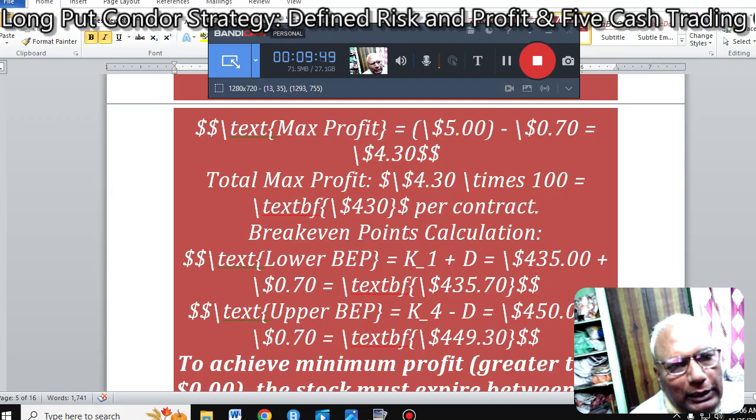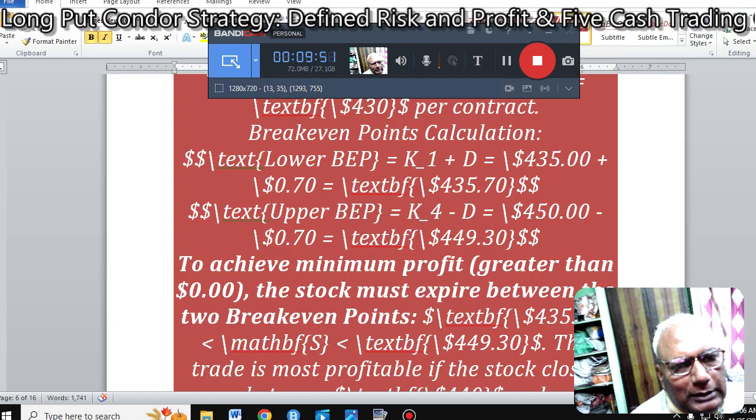Break-even point calculation. Lower BEP equals K1 plus D, equals $435 plus $0.70, equals $435.70.